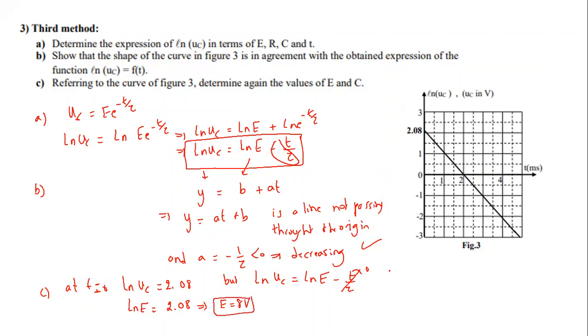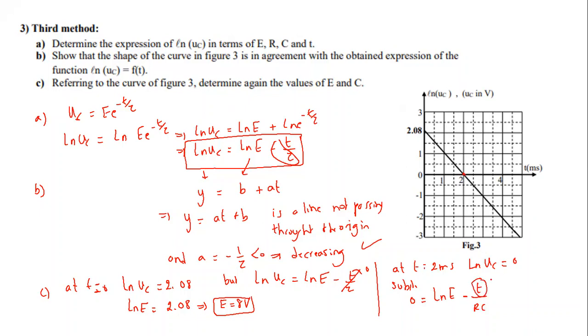Now we continue, we still have to find C. We will use ln uc again, but at t equal to 2 milliseconds, another point, where ln of uc is equal to 0. So by substitution, we have 0 equals ln of E minus 2 milliseconds over tau, which is RC.